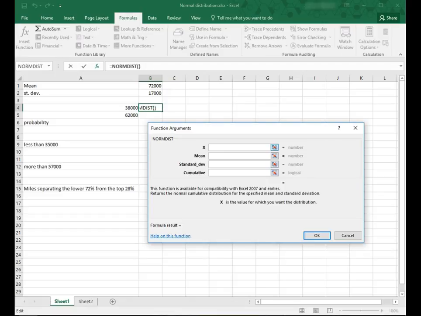So the first thing we need to do is enter our x value into the x box. We will first find the probability for 38,000 miles. So we type 38,000 in the x box. Next, we will enter our mean and standard deviation. And then we would like to enter the true statement for the cumulative box.